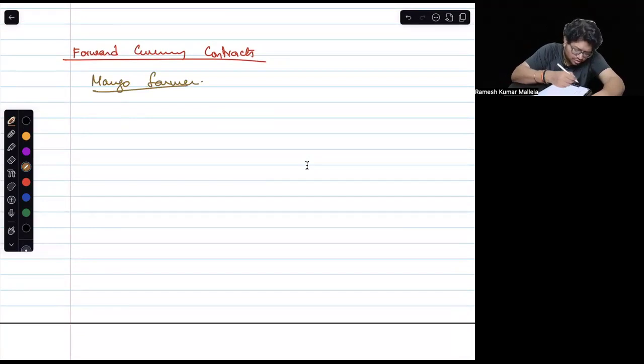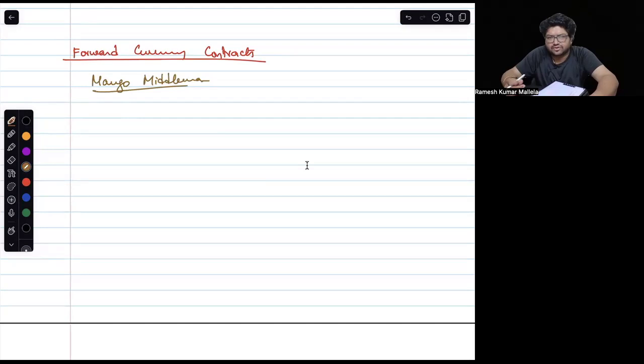No, not a farmer. Middleman. I am more like a distributor. I give it to retailers, and I do online sales also. I'm a distributor, a middleman.